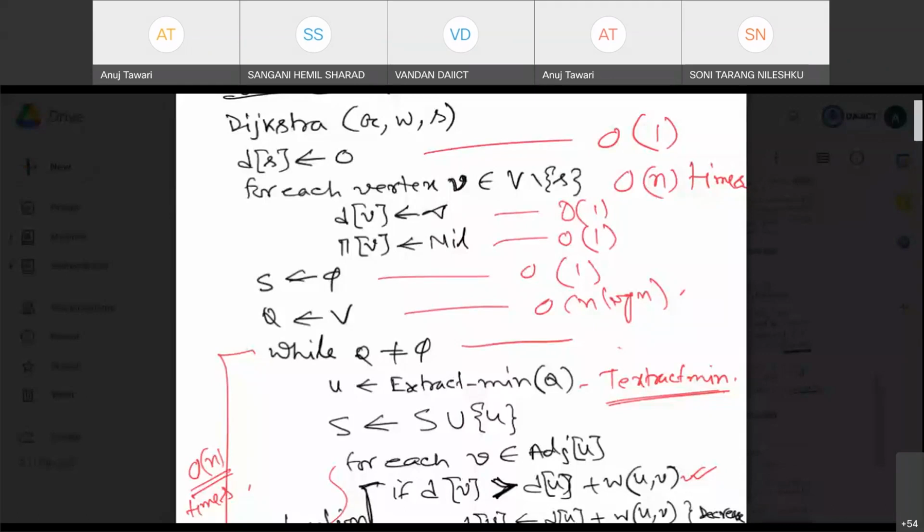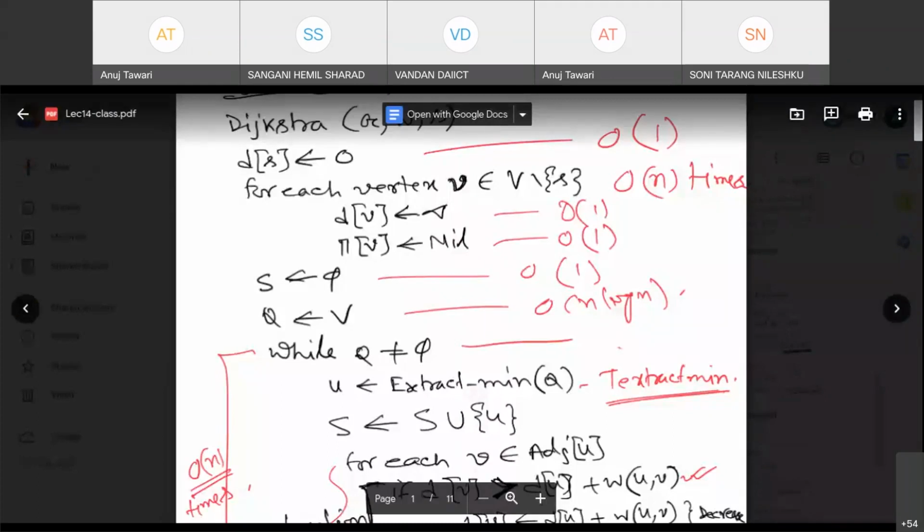We are trying to find the vertex with minimum. It's correct.